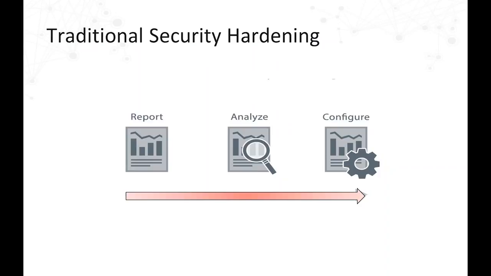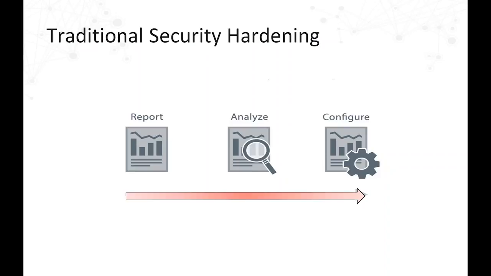So in order to do that, first you have to generate reports. So you generate reports on all of the different security settings on all of the 1,000 servers. Then once you get the reports, you analyze what you have. So you need to make sure that based on compliance regulations, internal requirements, company guidelines, that all of these configurations are correct.